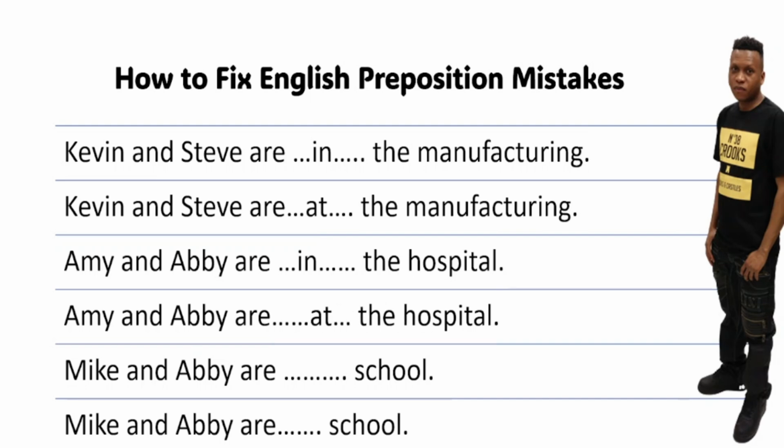Mike and Abby are in school. Sorry. Mike and Abby are in school. Okay. So Kevin and Steve are in the manufacturing. Kevin and Steven are at the manufacturing.